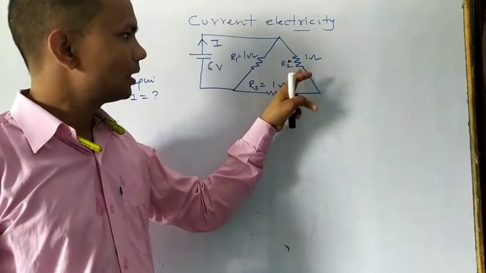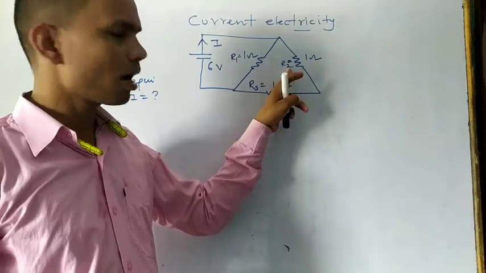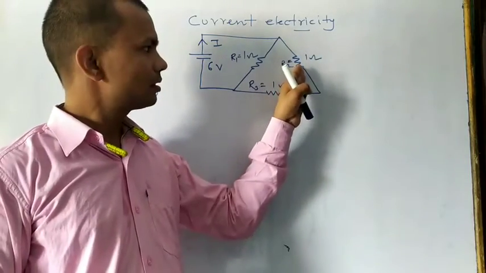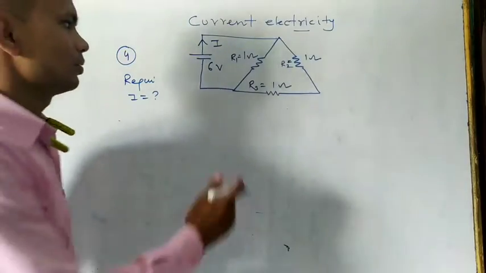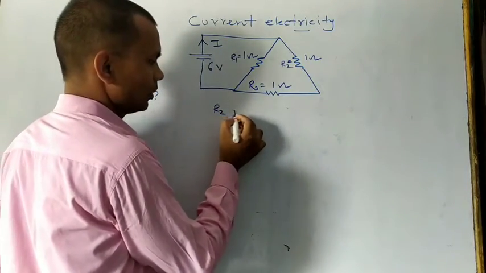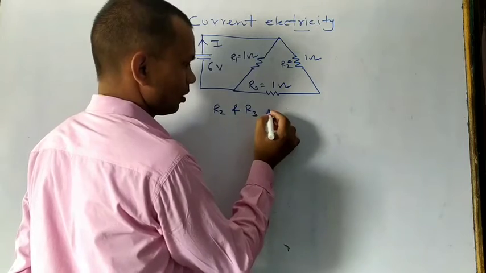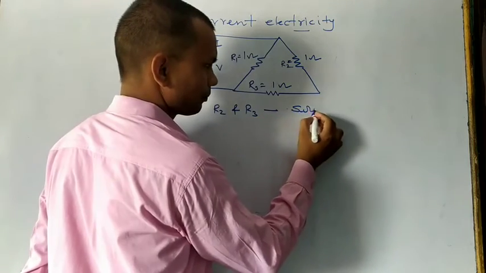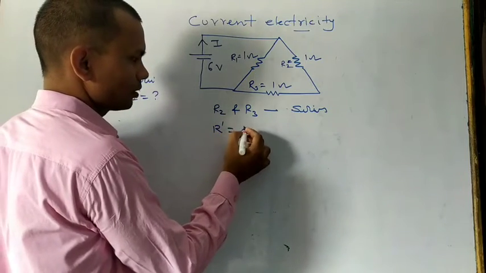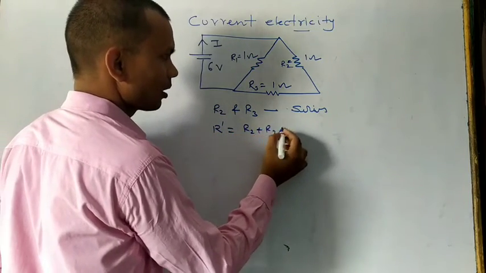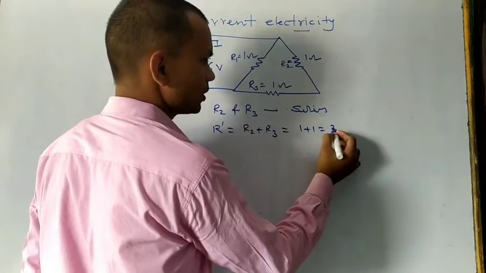Now here you have to see this and this resistance, meaning R2 and R3. This is a head to tail arrangement. Therefore they are connected in series. So R2 and R3 are connected in series. So the equivalent resistance, suppose this is R dash, is R2 plus R3, meaning 1 plus 1, which is 2.